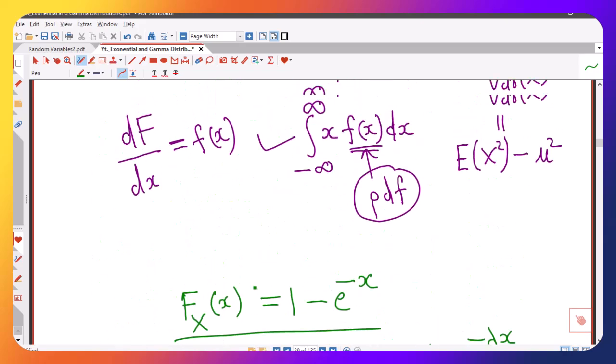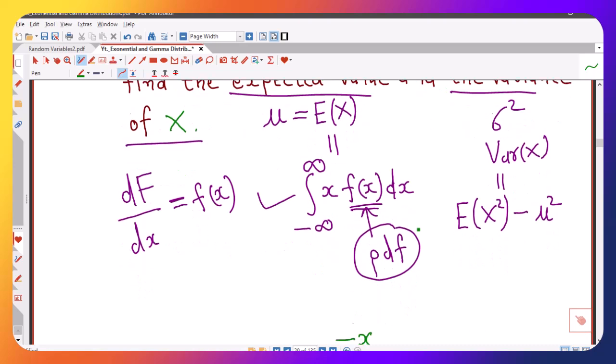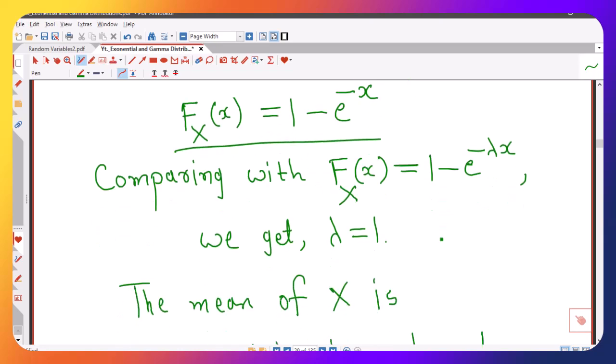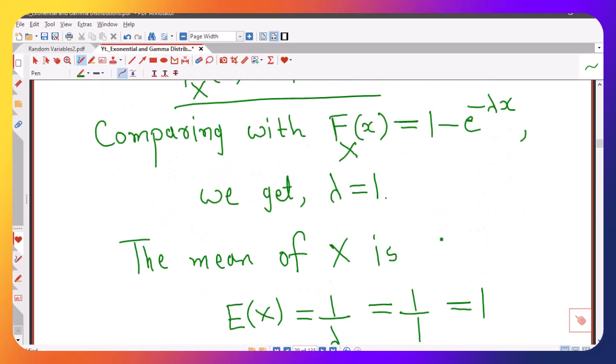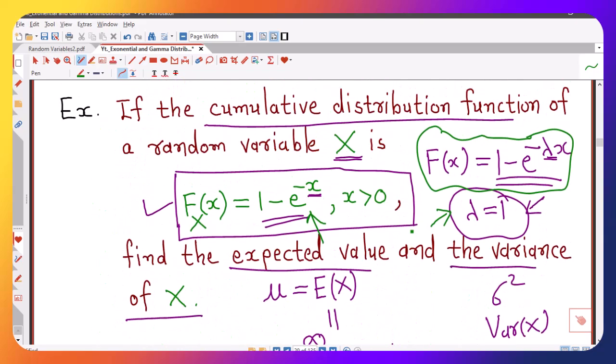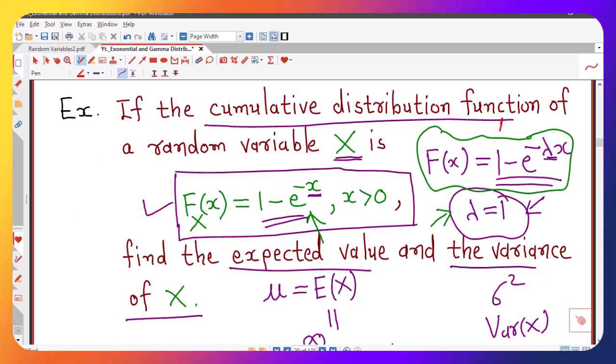If you are familiar with the CDF of exponential distribution, then you can compare given CDF with CDF of exponential random variable, and you can decide the parameter lambda, and using the standard formulas of expected value and variance of exponential random variable, you can directly find out this mean and variance for the exponential random variable whose CDF is given. So you must remember this CDF of exponential random variable.